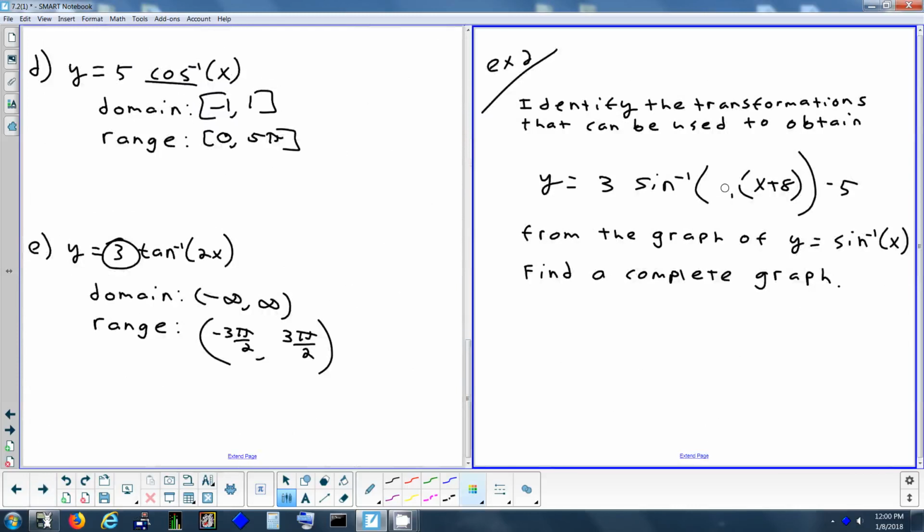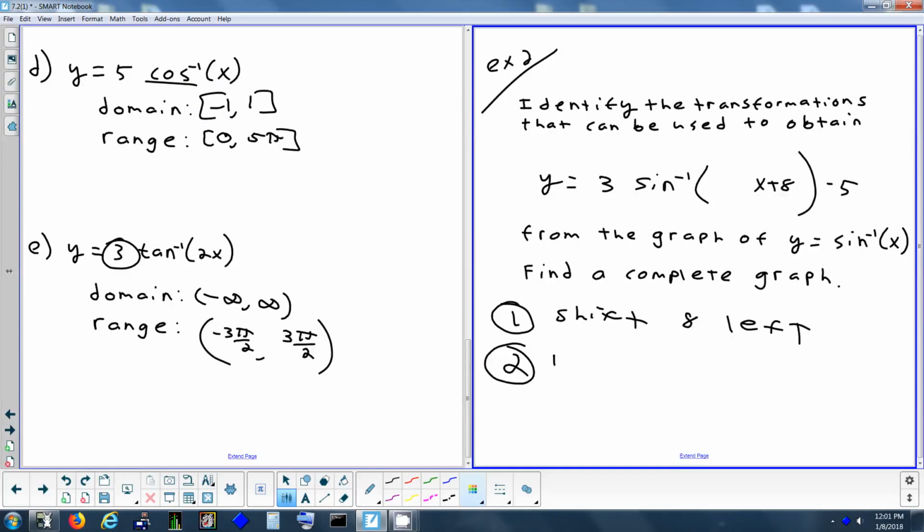Somebody tell me, let's just look at this. What are the transformations that are happening there? There's 3. What's the first one? Yep, which way? Shift 8 left. Vertical stretch by how much?